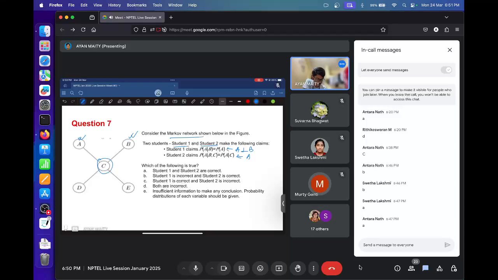The second claim is that A is independent of B given C. Now you have to check whether both these statements are correct or only one of them is correct.